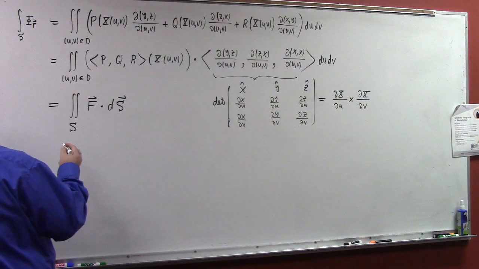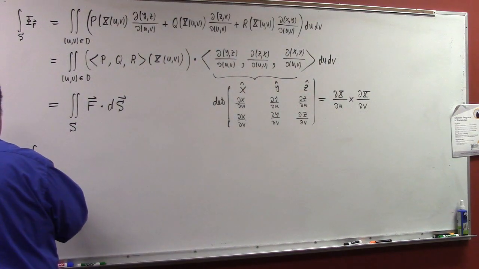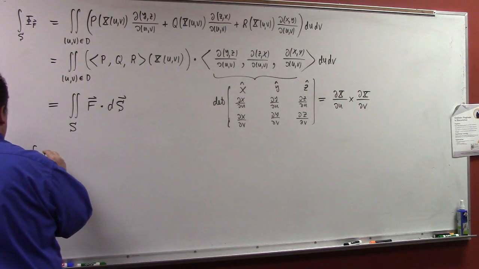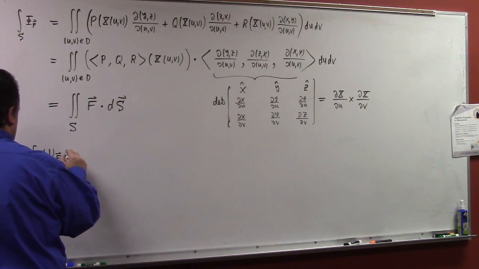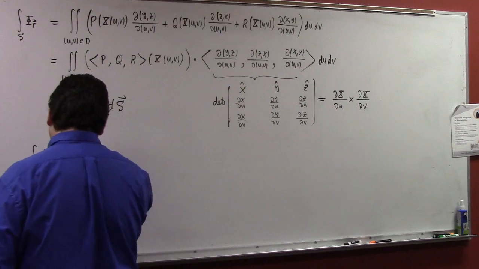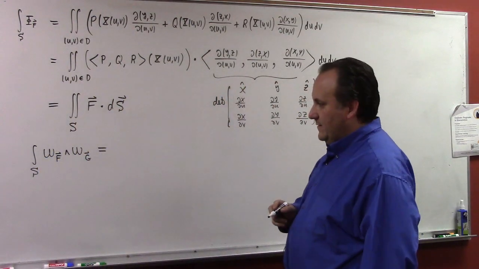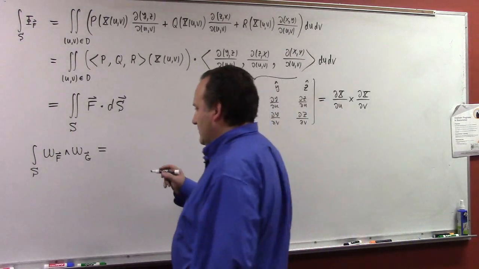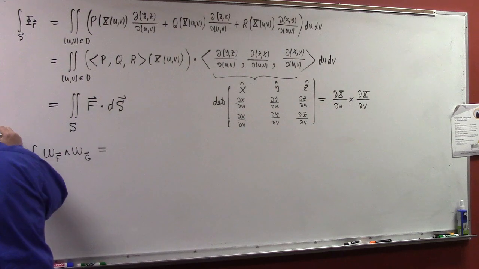let's see here. What if we did the integral over a surface of omega f wedge omega g, right? Here's just, what do I want to call this?